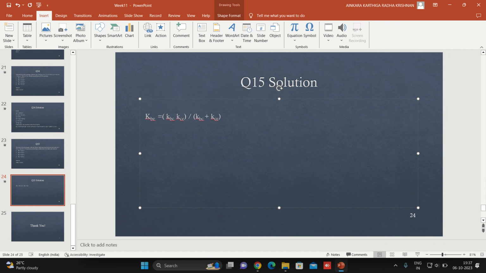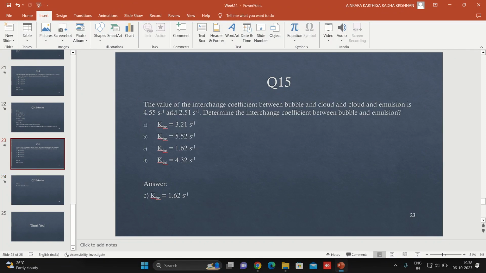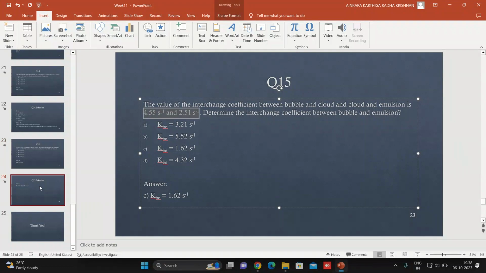Actually, I've just written the formula. Now we'll write the given values, 4.55 and 2.51, which are KBC and KCE.